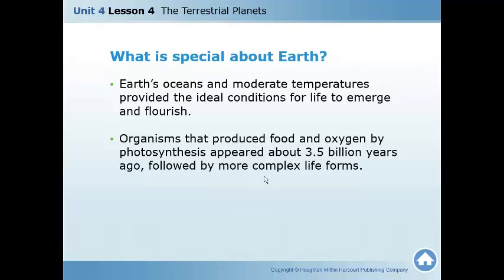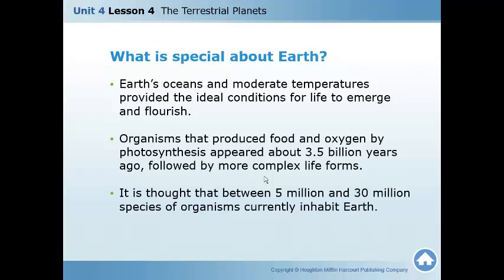Organisms that provide food and oxygen by photosynthesis appeared about 3.5 billion years ago, followed by more complex life forms. So 3.5 billion years ago, science tells us that things that created their own food were starting to show up. It's thought that between 5 million and 30 million species of organisms currently inhabit the Earth. So think about that, 5 million to 30 million organisms.